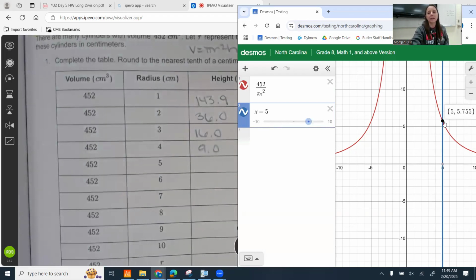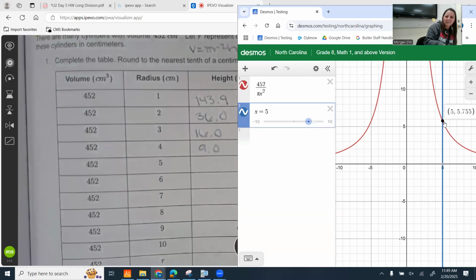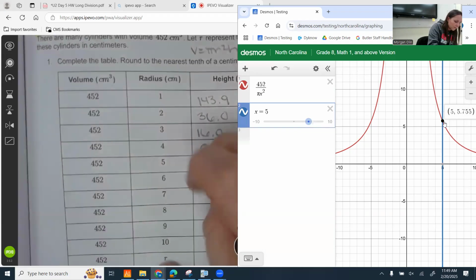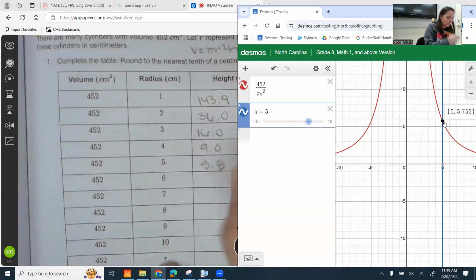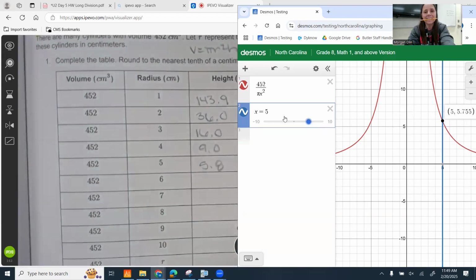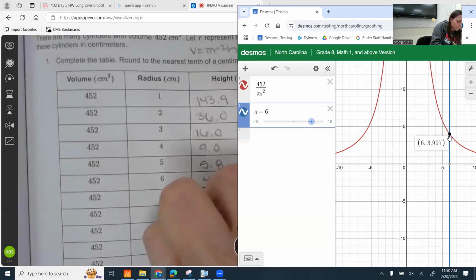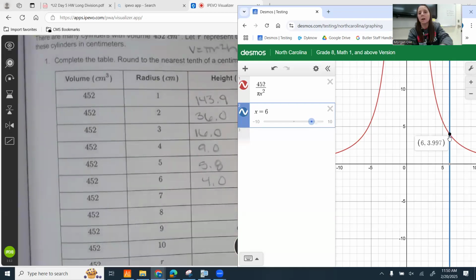We can change this, x equals 5. This way, we don't have to keep typing it in. We can just keep changing this value. So 5.8. Let's change this when our radius is 6. So 4.0.